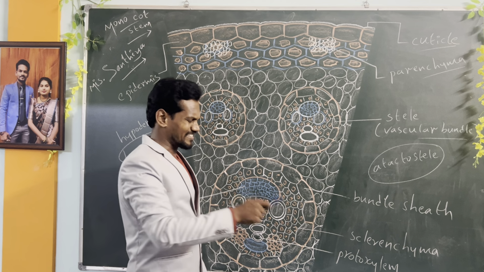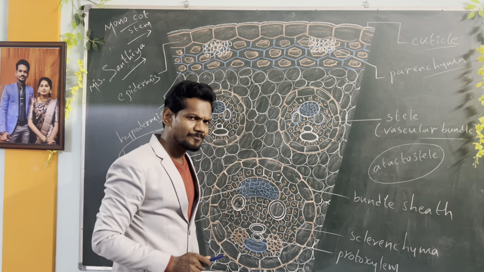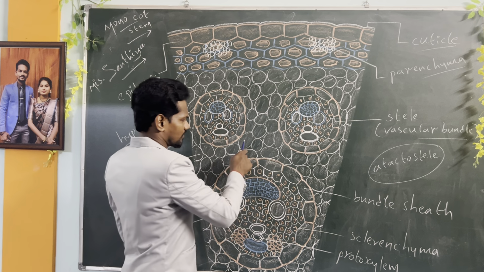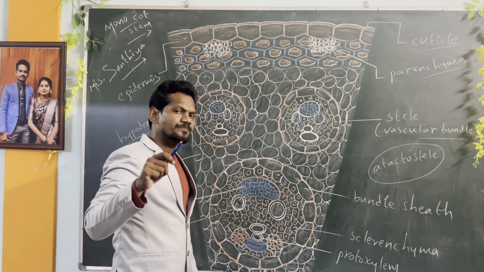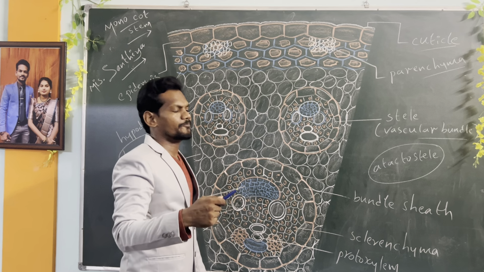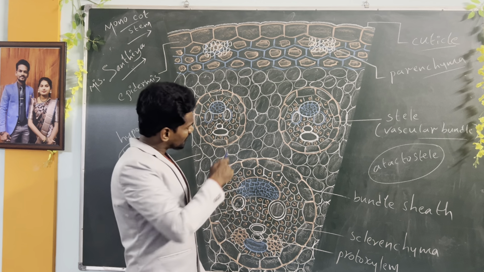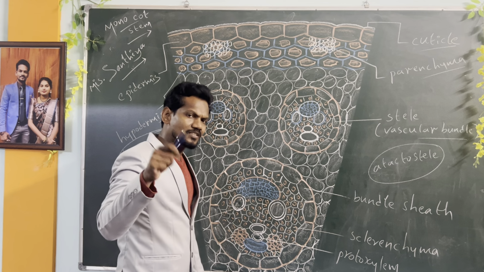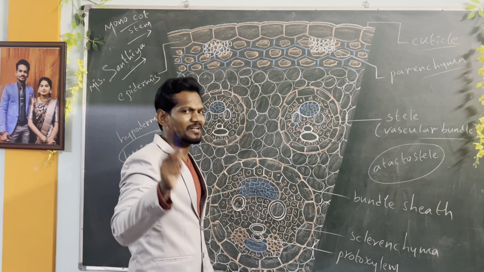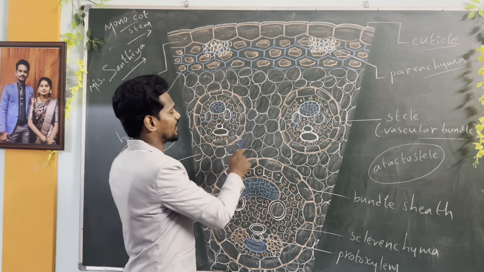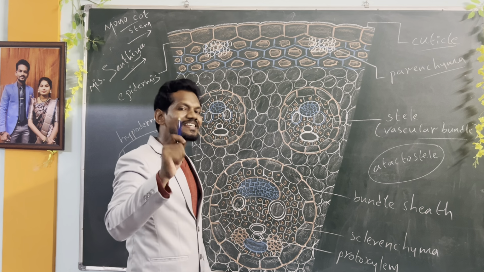Because the cell is the basic unit of life, right? Same like that, parenchyma tissue is the main life for the plant body, because it occupies more than 70% of the entire plant body. So this is known as ground tissue or basic tissue.